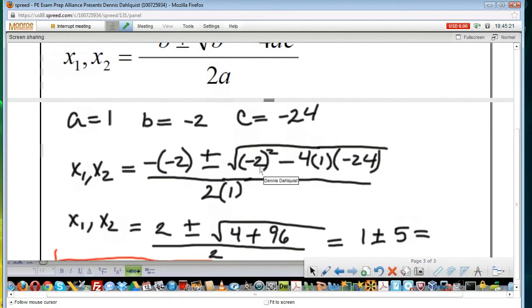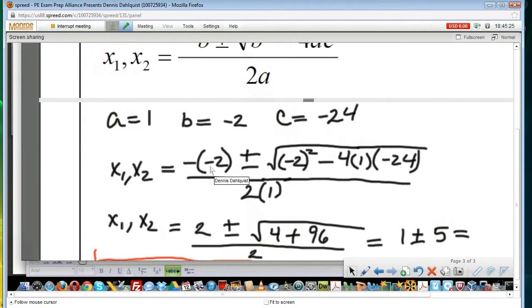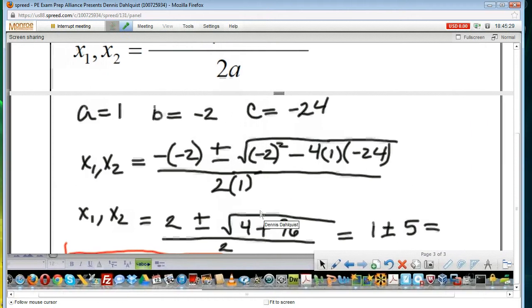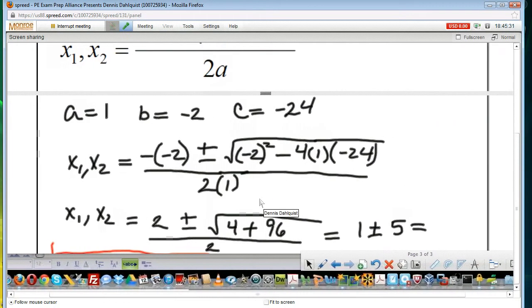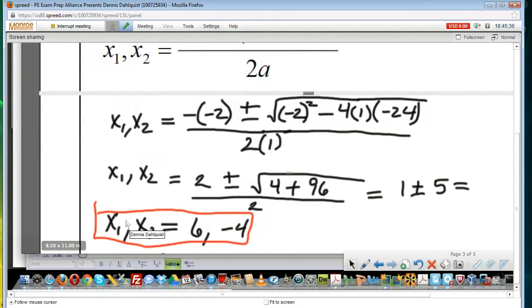For example, where we squared b here, often people will make a mistake and square b out here too. So for example, we ended up with 4 here, you'd end up with 4 out here. Reducing that, we find then that x1 and x2, the roots, are basically 6 and minus 4.